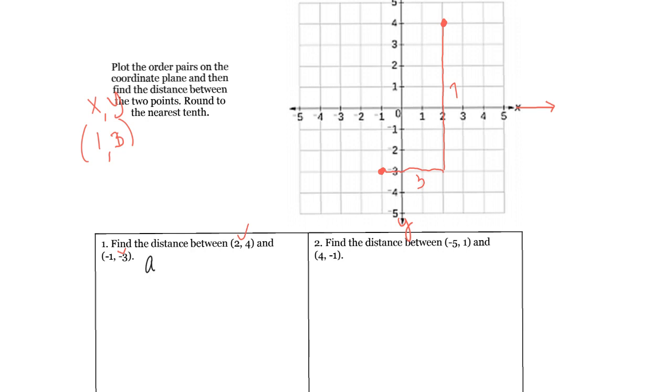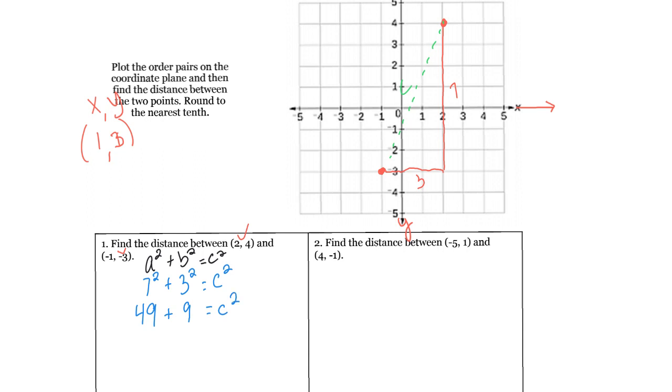Again, we always start by writing our formula. And remember, we're always finding our C value. So we put in 7 squared plus 3 squared equals C squared. 7 squared is 49. 3 squared is 9.